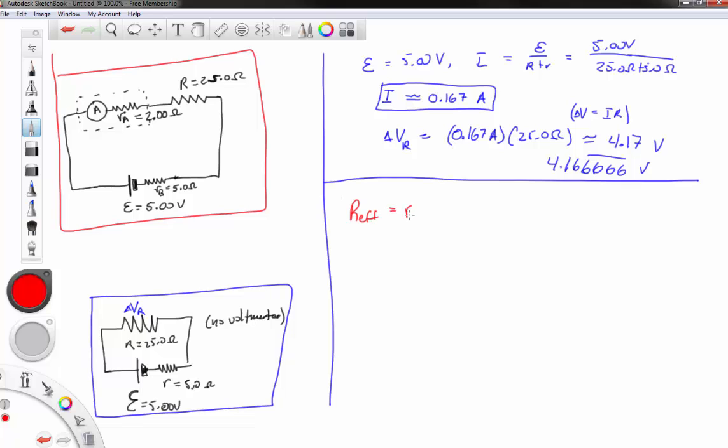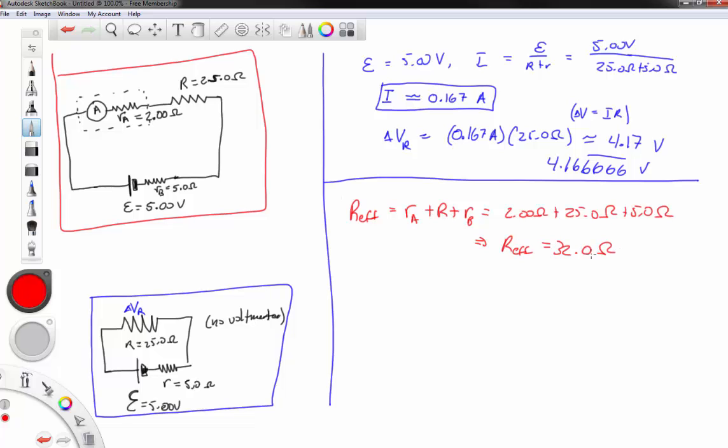So R effective basically becomes resistance of the ammeter plus load resistance plus resistance of the battery. And so that is going to be 2.00 ohms plus 25.0 ohms plus 5.0 ohms. And so this gives us 32 ohms of effective resistance.